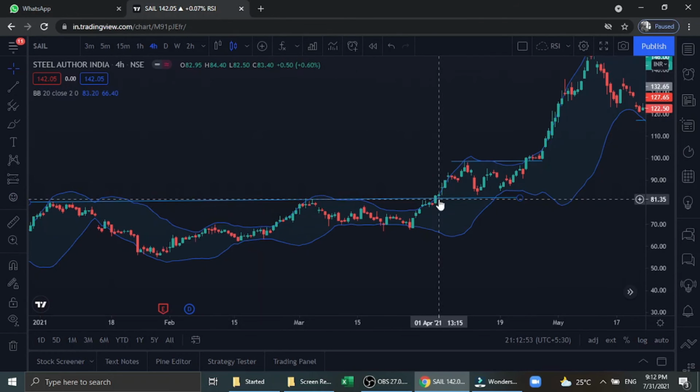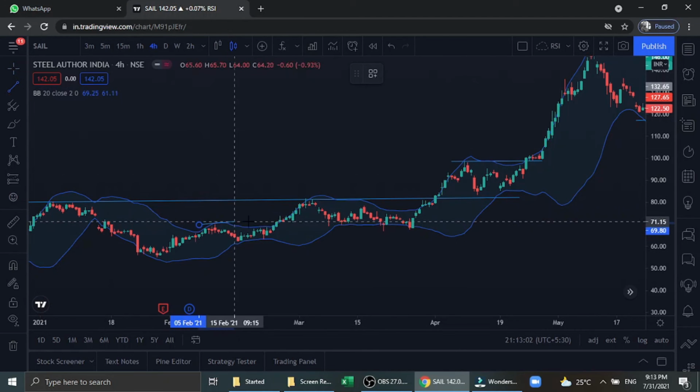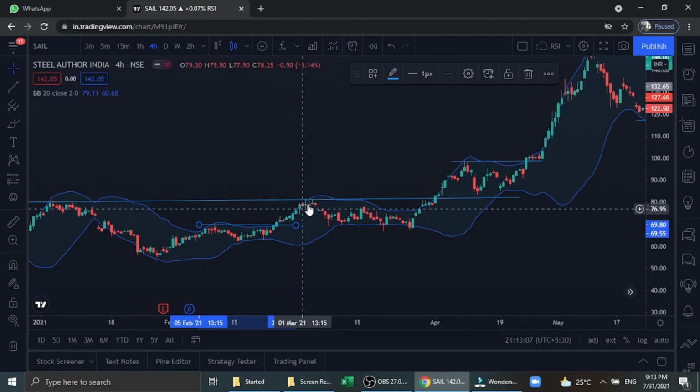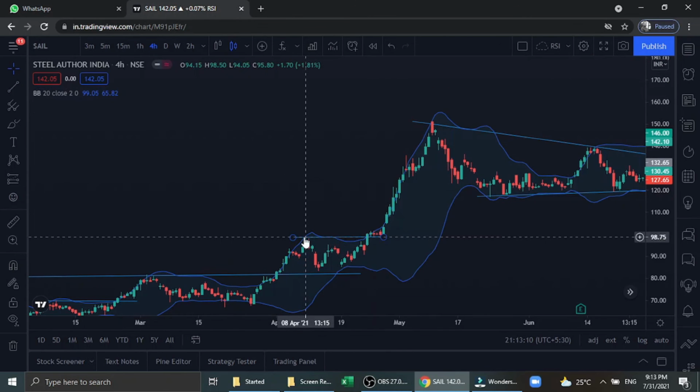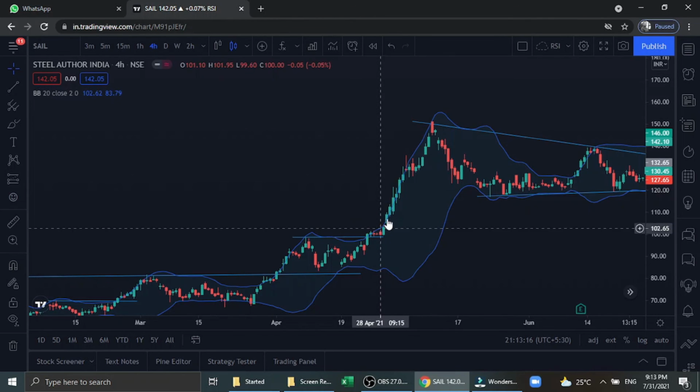Here there is a breakout and also there is starting point of the Bollinger Band, then they give good results. And again here there is a small resistance and also the starting point of the Bollinger Band, and it gave good results. Again here there is a resistance and it also broke the Bollinger Band upper side, then it has given good results.